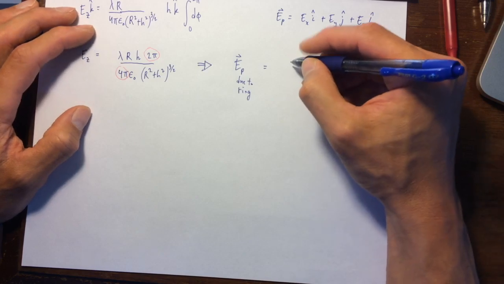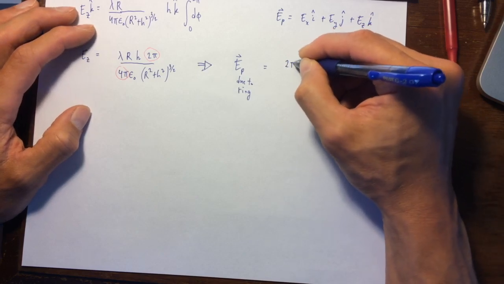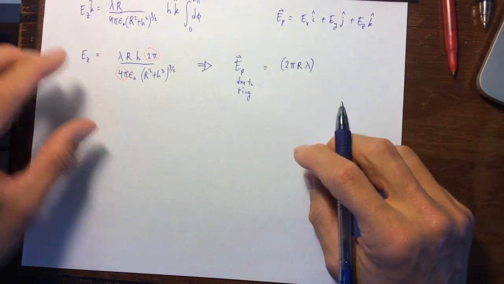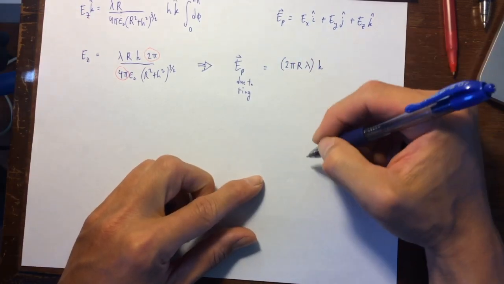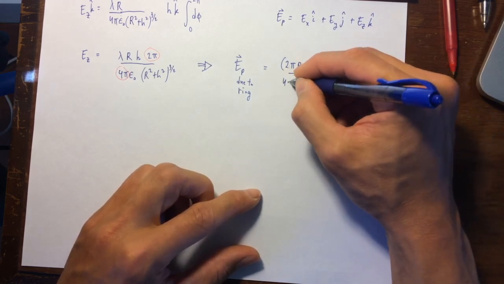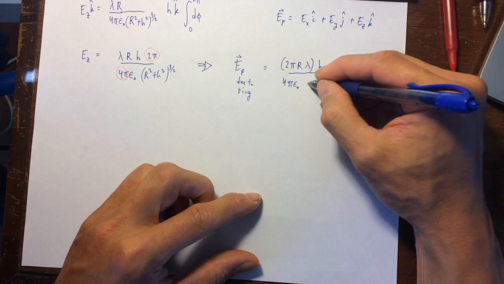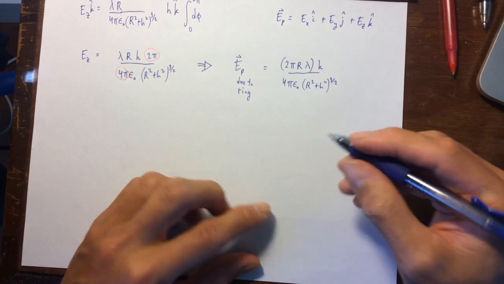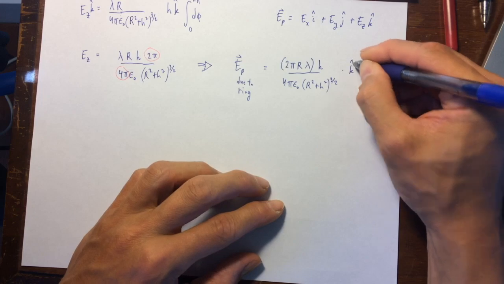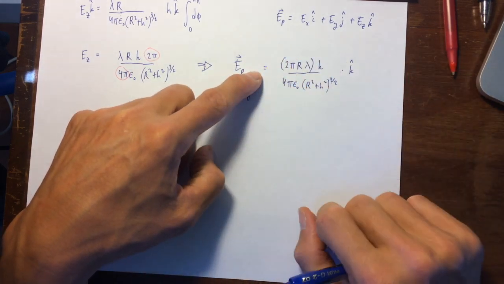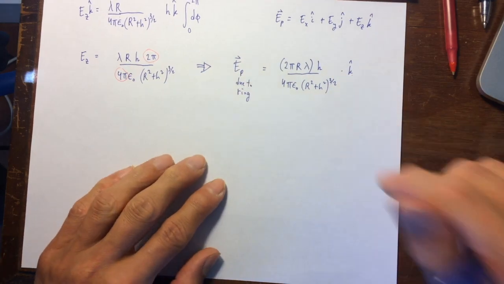It's 2 pi r lambda, I'm going to put them all in parentheses, multiplying h divided by 4 pi epsilon naught times r squared plus h squared to the 3/2 power, times k hat. So I'm claiming a vector equals this vector, and it's purely in the z direction.